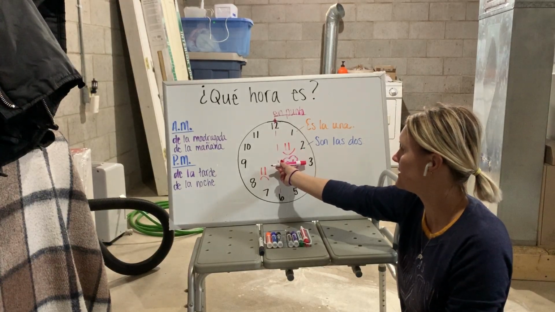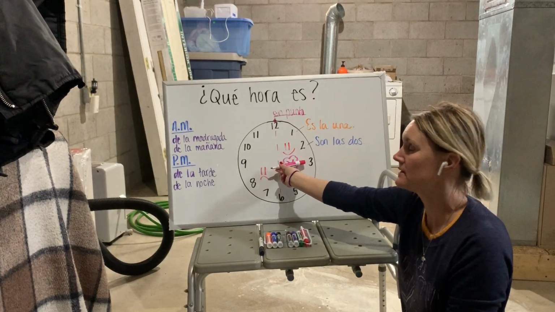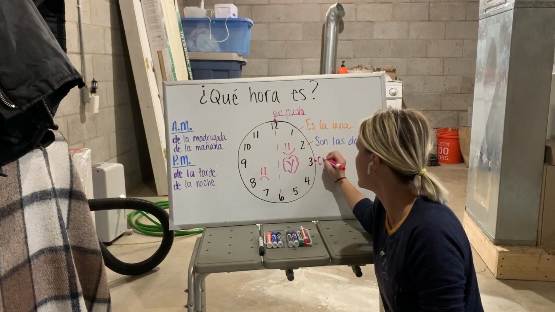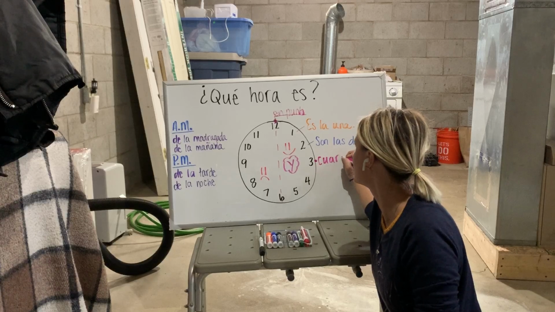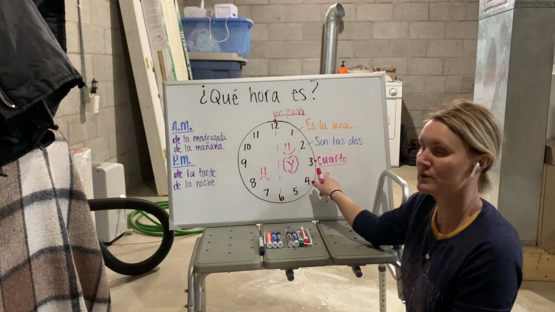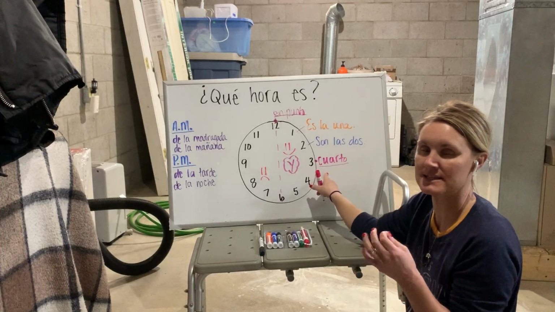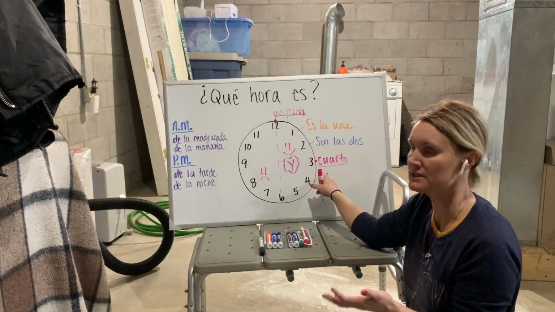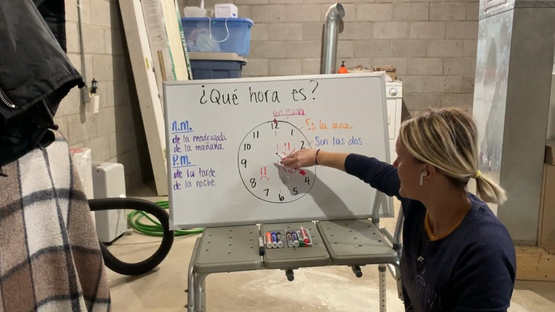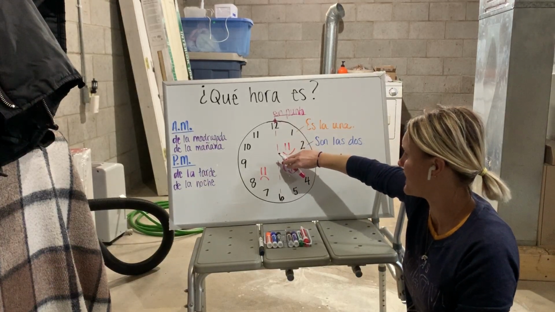Es la una y 15. Or you could actually say es la una y cuarto. Cuarto means quarter, so that's kind of like saying it's a quarter after. So es la una y cuarto. Es la una y 20.